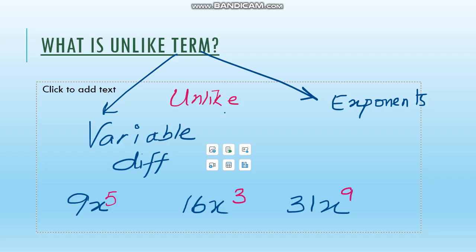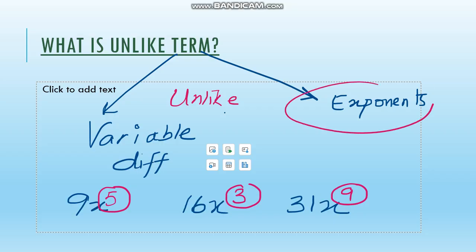So the variables are the same, so the first thing that should come to mind is that maybe they are like terms. But looking at the exponents, this is 5, this is 3, and this is 9. For like terms, they have to be the same variable and the same exponents. But here, the exponents are different. Hence, they are unlike terms. They are not like terms.